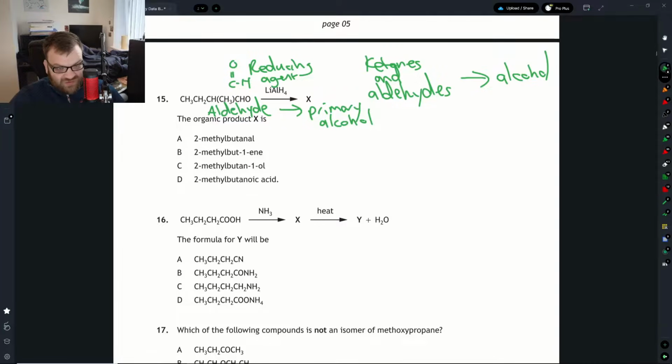The organic product, so we are talking about the alcohol, so I'm going to get rid of that one. That makes no sense to me either. We're just getting it from that being an alcohol.